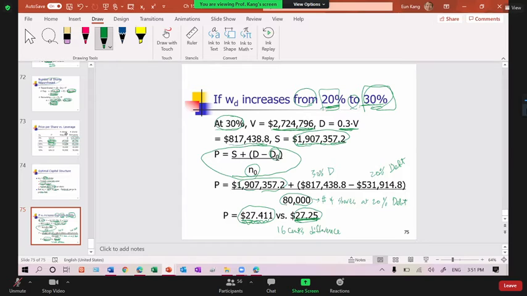So, yeah, I have a question. Where did we get 1,907,357.2? How did we get that? Oh, that is this value, starting from the value at 30% debt, right? Then this is the optimal value, right?